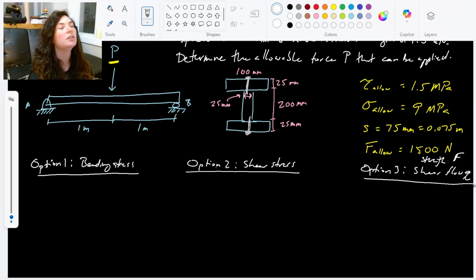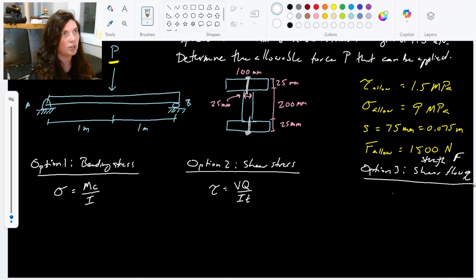Shear strength F, limited by F. So our bending stress, throwing it back to a few videos ago, we talked about the normal bending stress as the moment times the distance to the outer edge over moment of inertia. For our shear stress, that's where we had our shear V times Q over moment of inertia times thickness. And then finally, with this shear flow, we know that F equals q times s.